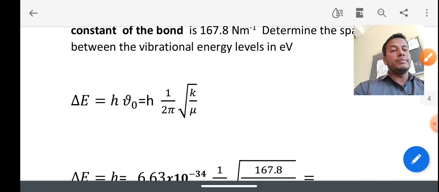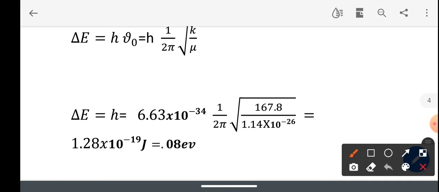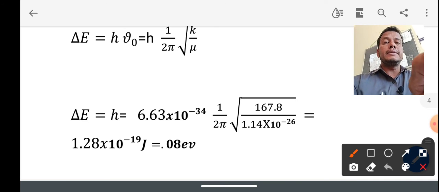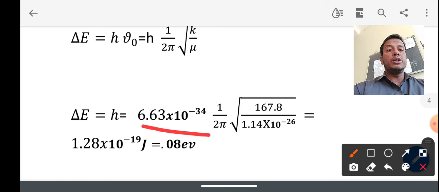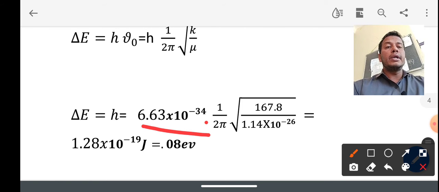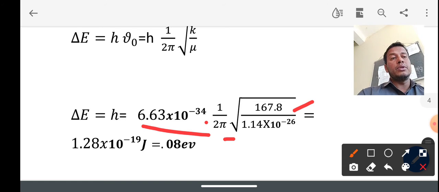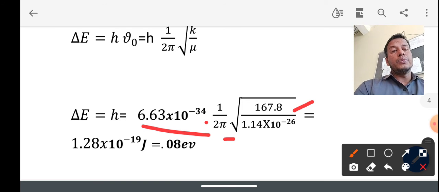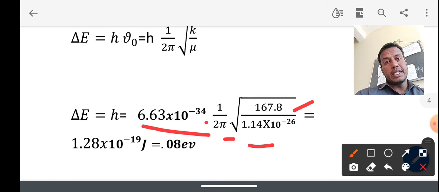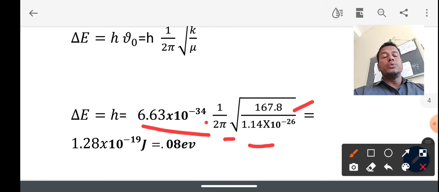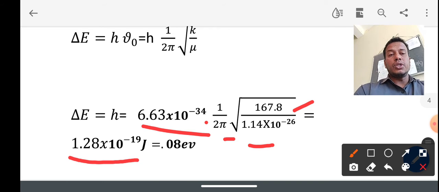Put the values in this equation: h is 6.63 × 10^-34 into nu naught, where nu naught is 1 by 2 pi square root of k, which is 167.8 Newton per meter, and mu, the reduced mass, is 1.14 × 10^-26. So you get the value 1.28 × 10^-19 joule.